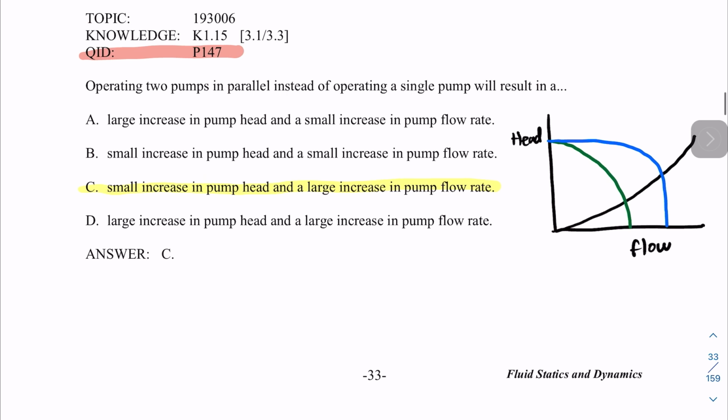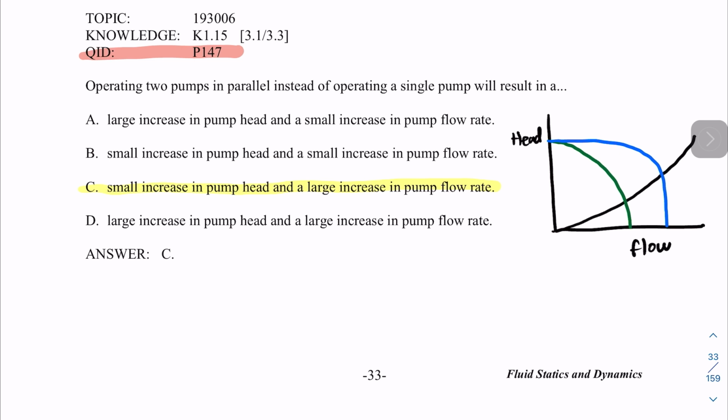This question is P147, and it's stating that operating 2 pumps in parallel instead of operating a single pump will result in what? So if we put another pump in parallel, right, what's going to happen? We're going to be able to do 2 things: have a higher flow rate and a higher head.